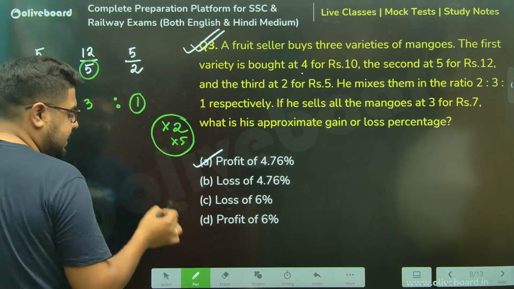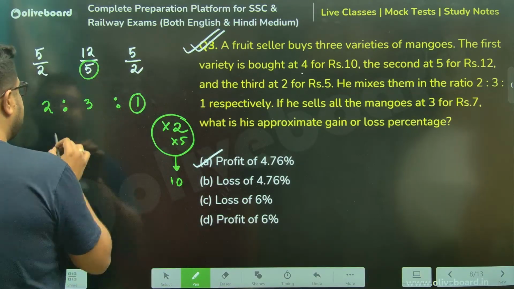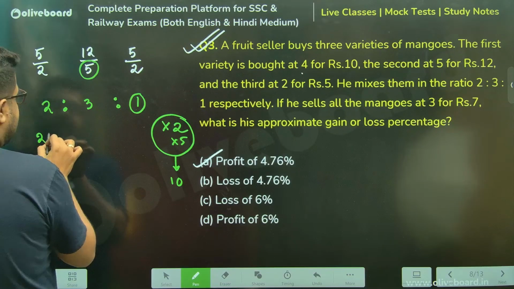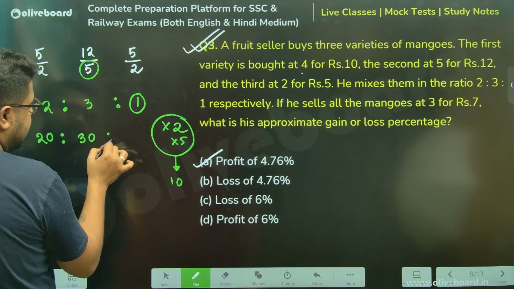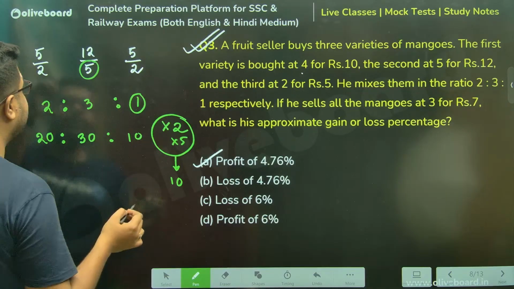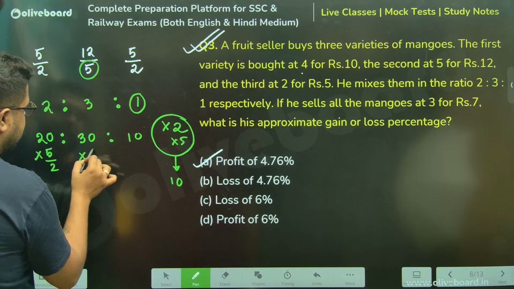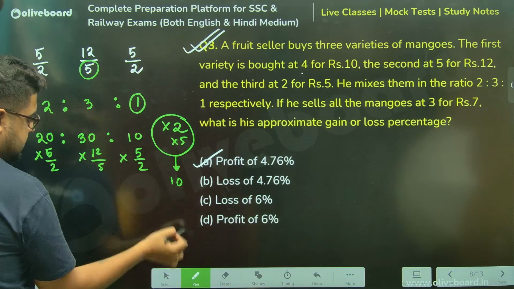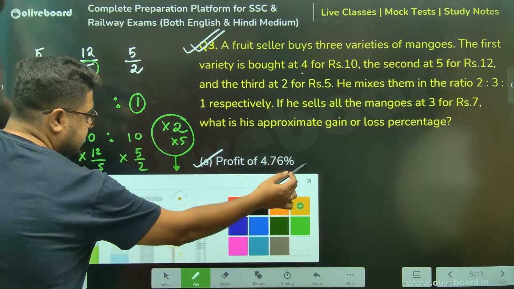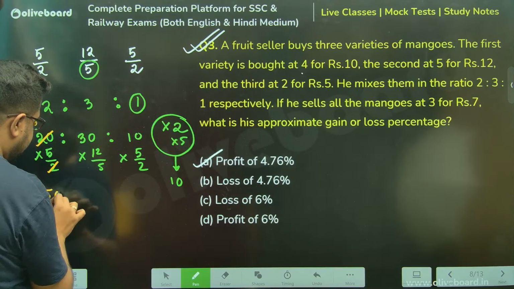So I will multiply overall by 10, meaning he has mixed 20 with 30 with 10. Sir, what will be the CP? Into 5 by 2, into 12 by 5, into 5 by 2. The CP that I am getting is 50 rupees.